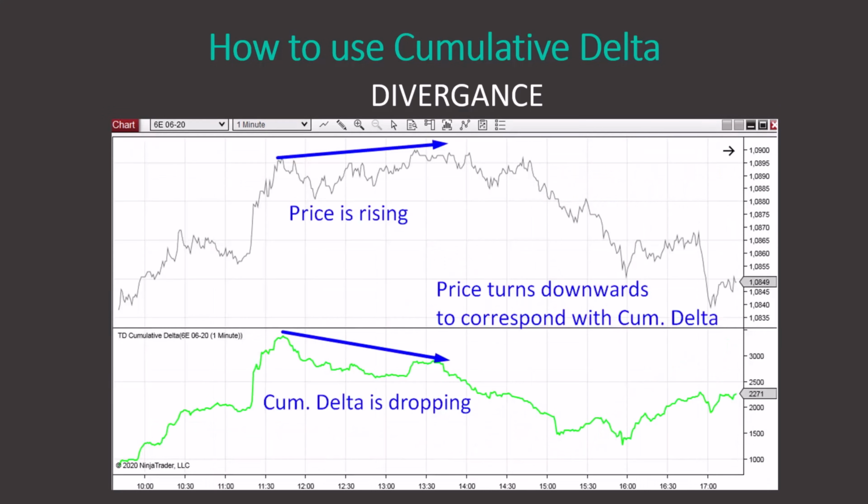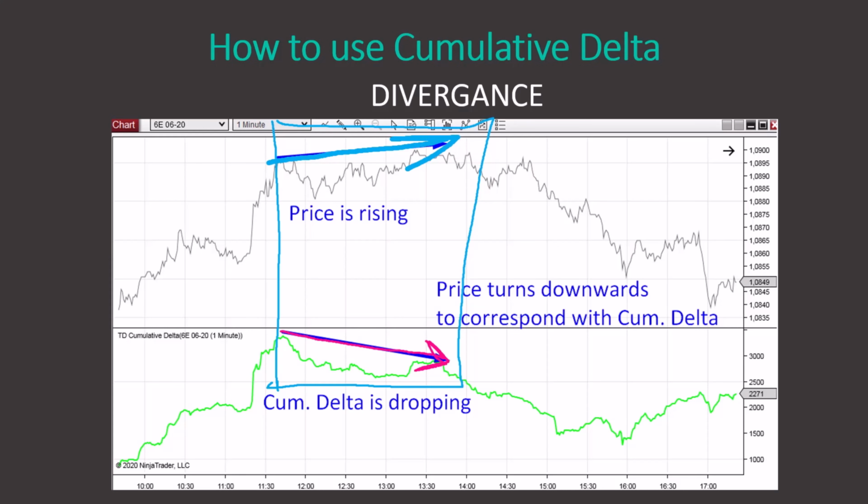Now here is another example of a divergence. In this case, the price was rising, but in the same area, at the same time, delta, I mean the cumulative delta, was dropping. This was telling us that even though the price was rising, sellers were more aggressive and they were selling.